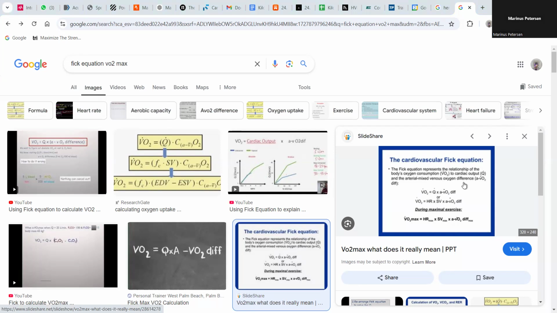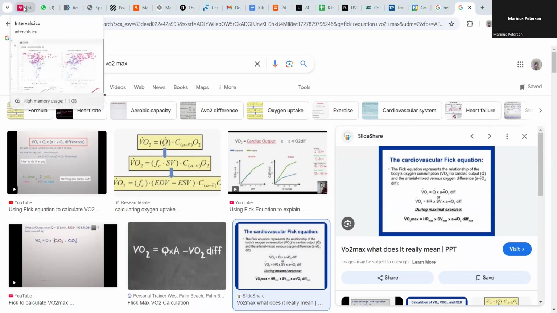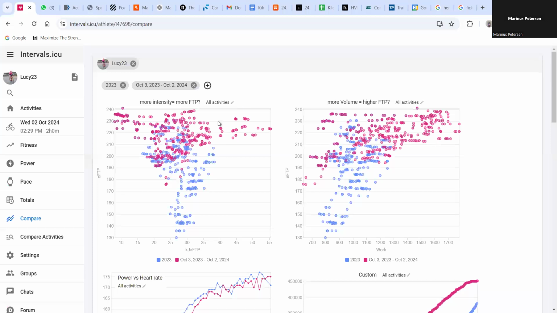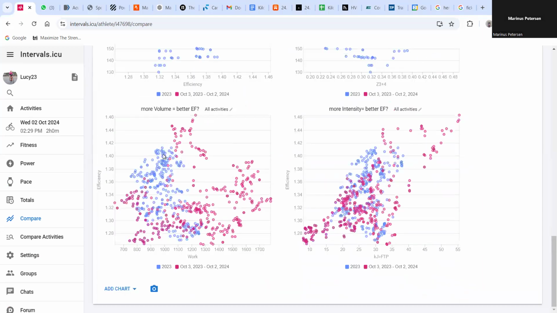So more volume is going to work on that, and what I'm seeing from this is that looking at these two charts differently is potentially a way to look at whether someone is more centrally or peripherally limited, and what's working for them in their training.